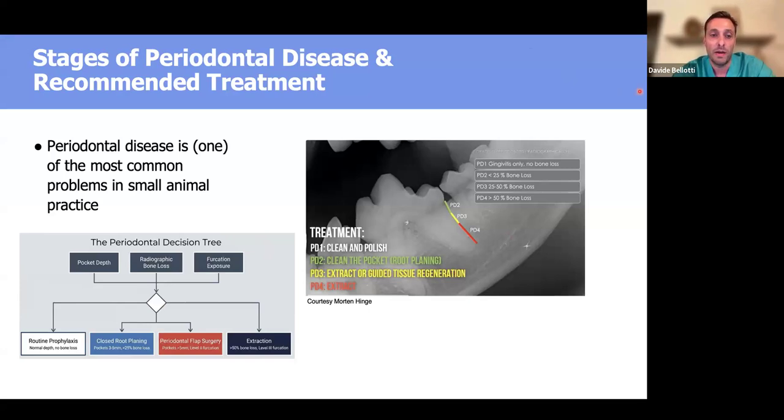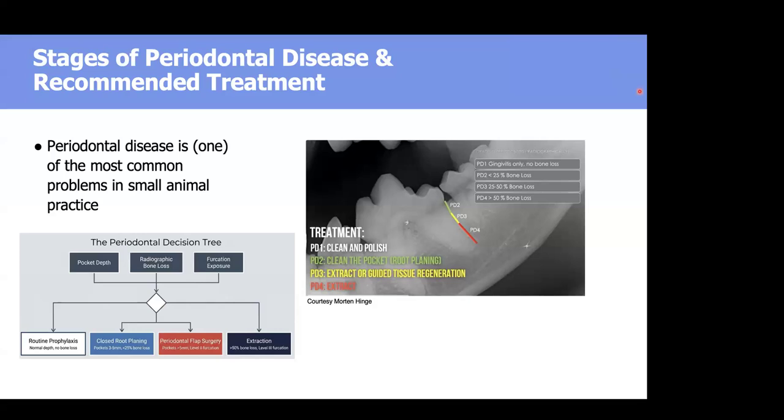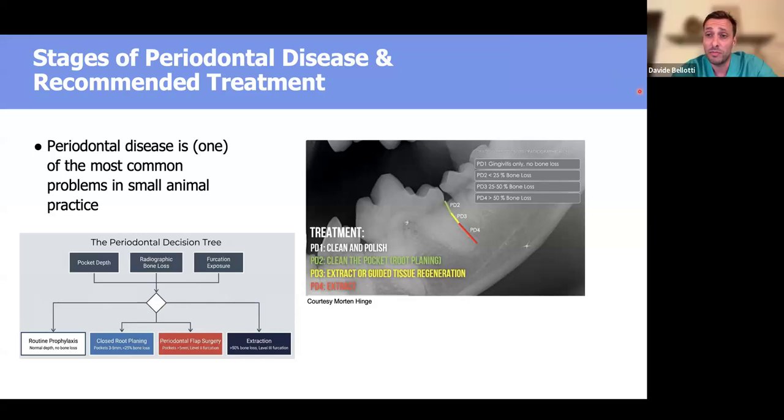So we have a decision tree. We start by looking at pocket depth, radiographic bone loss, and furcation exposure. And with that, we stage the periodontal disease. Why do we stage it? Because if we stage it, we know how to treat it.